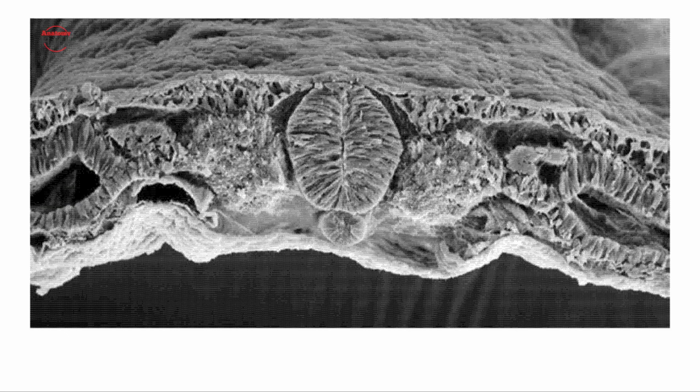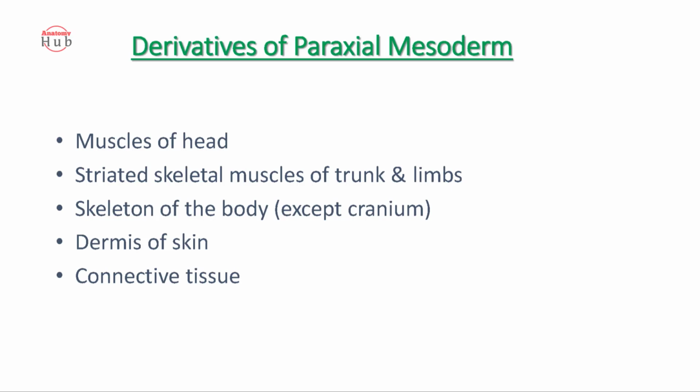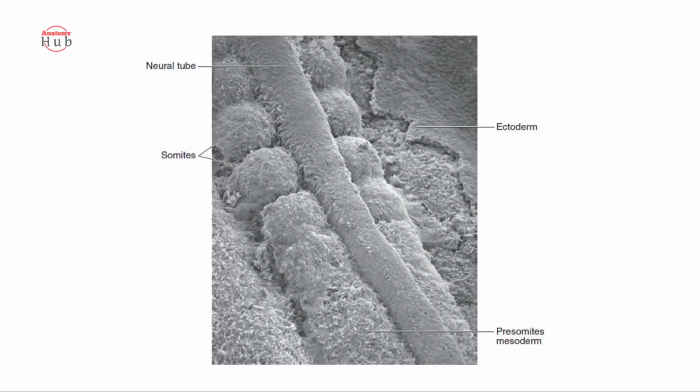It differentiates into the axial skeleton, voluntary musculature, and dermis of the skin. Soon after its formation, the paraxial mesoderm begins to form a series of rounded structures called somitomeres. They consist of disc-like whorls of paraxial mesodermal cells.